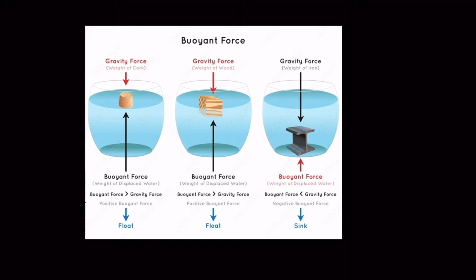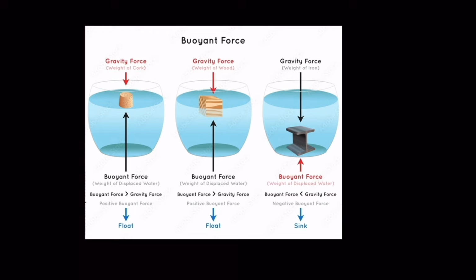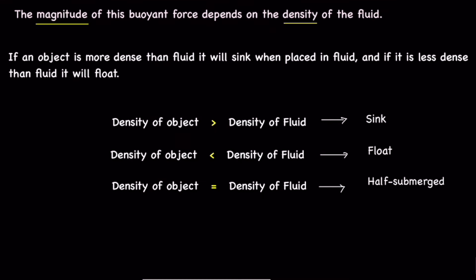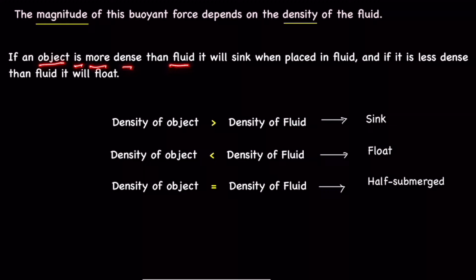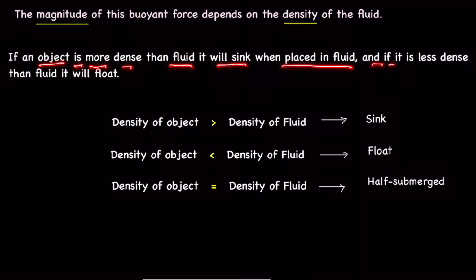This upthrust or upward force depends upon the density. The higher the density of the object, the more it will sink. The lower the density of the object with respect to the density of the fluid, the more it will float. So we can say the magnitude of buoyant force depends upon the density of the fluid. If an object is more dense than the fluid, it will sink when placed in the fluid, and if it is less dense than the fluid, it will float.